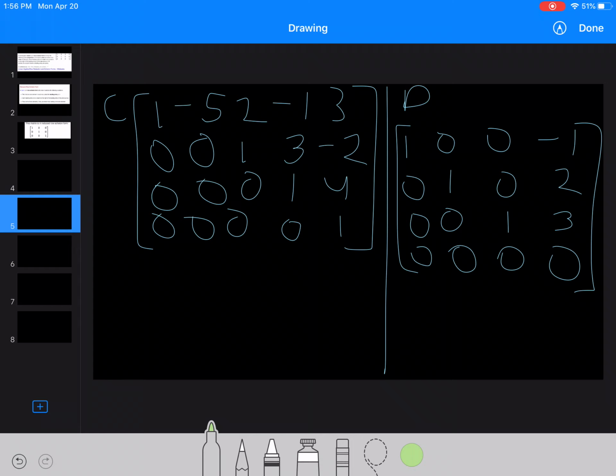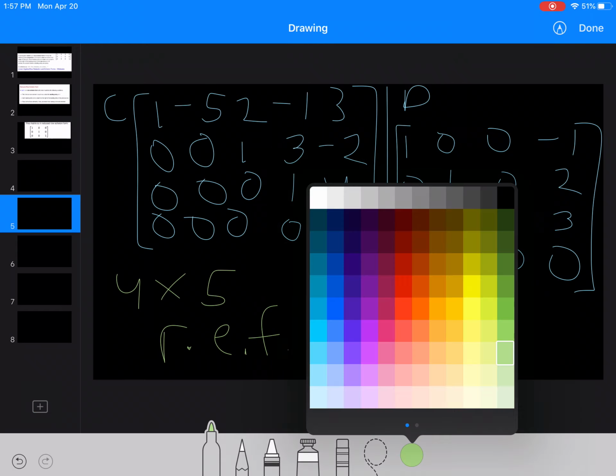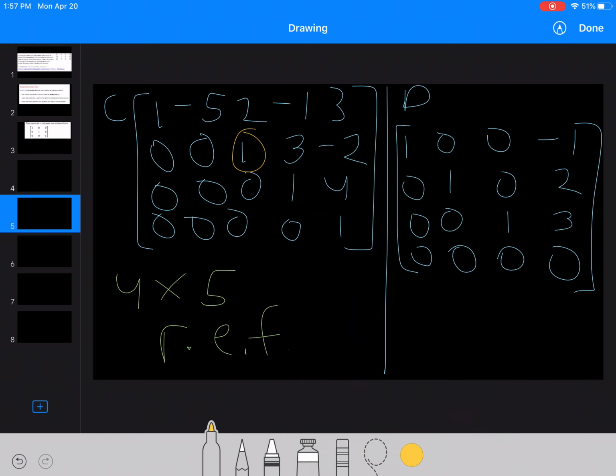Okay, so I have a 4 by 5 matrix here. This one is just going to be row echelon form, and I hope you can see now that if I look at this leading term of 1, that's not a 0, it's a 2. So that's just row echelon form.